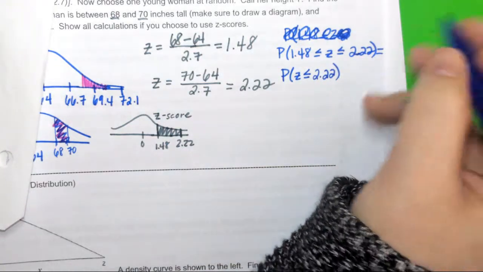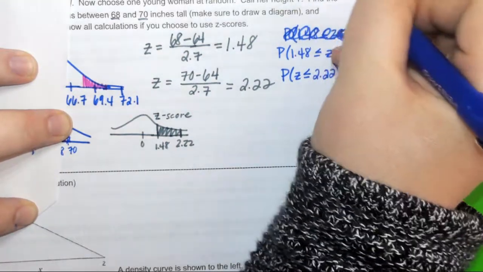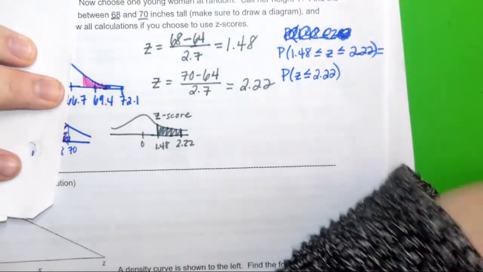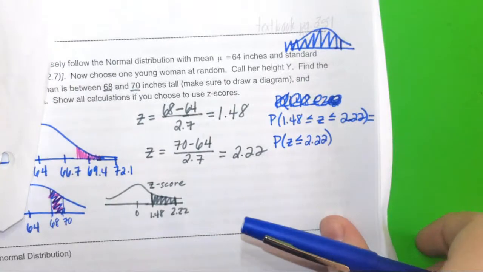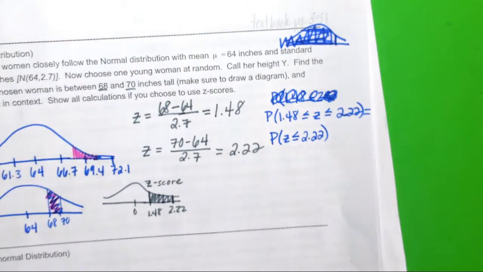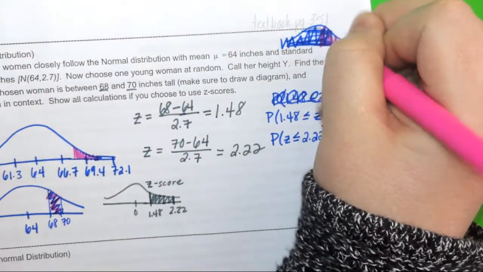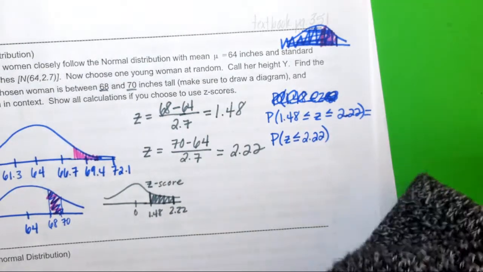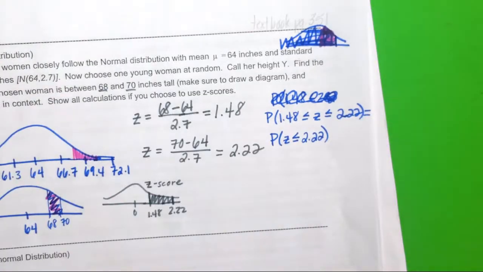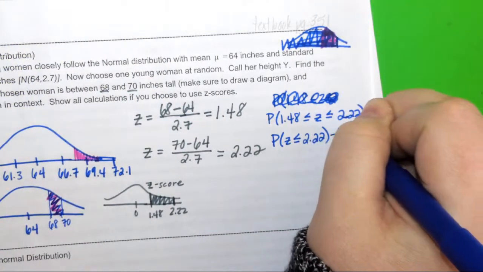But if we're thinking this through color-wise, if I find the probability of less than 2.22, so I find this giant region to the left, and I'm wanting to know it between this and 1.48, at the moment I'm double counting. There's this region that I color blue and pink, so I'm needing to discount that double colored region. So I'm going to actually subtract by the probability of 1.48.